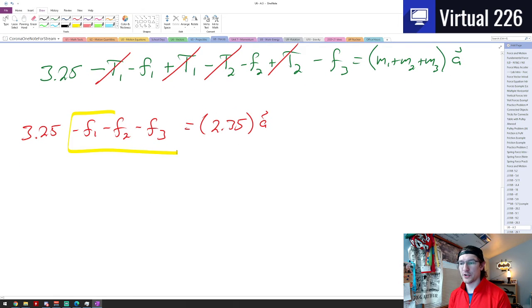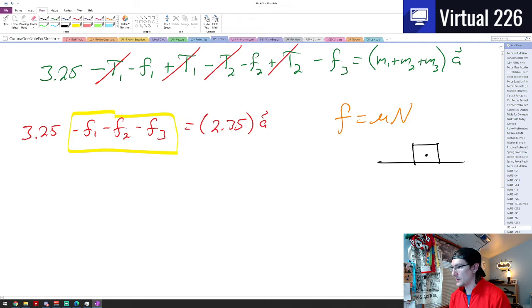But what are we going to do about these frictions? Well, we know that friction is mu times n. And we know that this normal force, because we're on a horizontal surface, will equal the weight here. When we're on a flat surface, whatever the weight is, the normal force will equal that weight, which is just m times g. Now, since this same coefficient of friction applies to every single object, we can say that F1, F2, and F3 are all the coefficient of friction times mg, right?